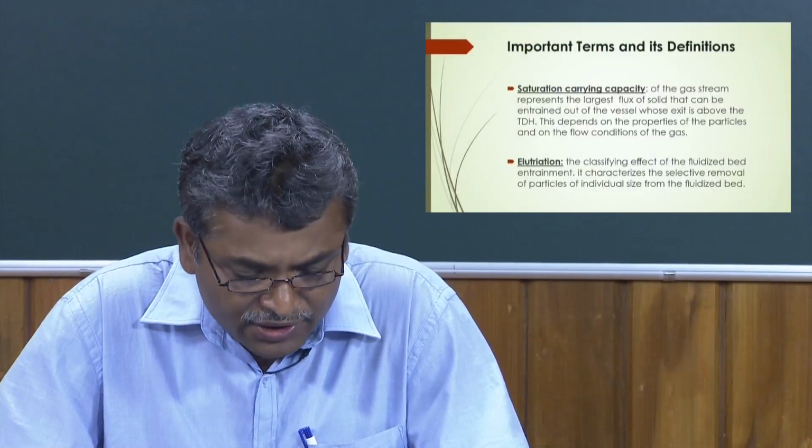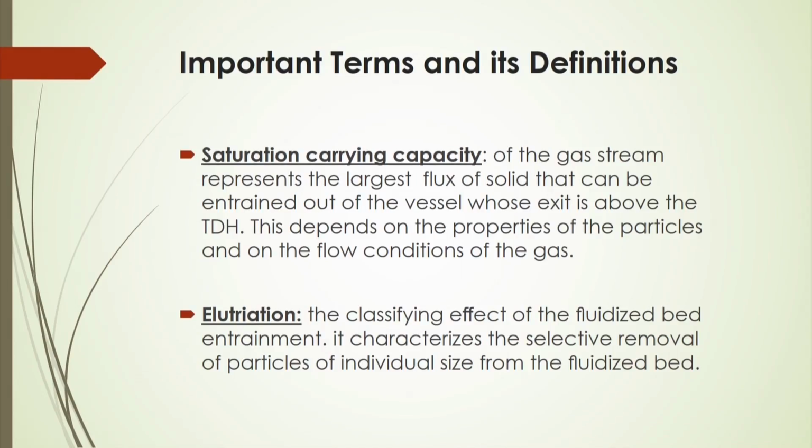Another important term is saturation carrying capacity. The saturation carrying capacity is the largest flux of solid that the gas stream can entrain out of the vessel whose exit is above the TDH. This depends on the properties of the particles and on the flow conditions of the gas.